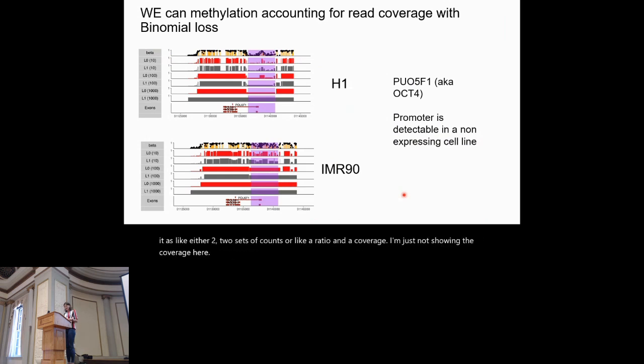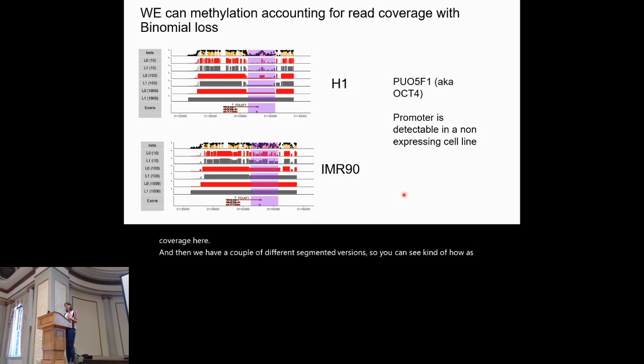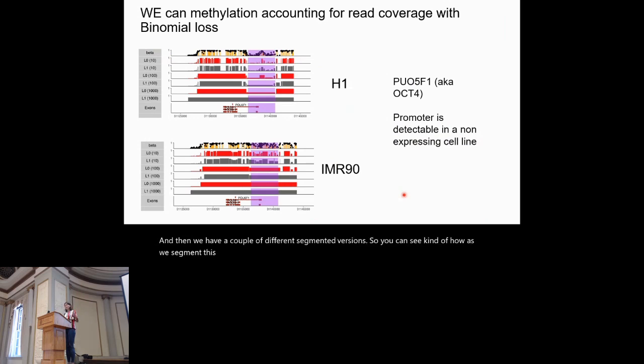And then we have a couple of different segmented versions. You can see how, as we compress it more and more and segment it into fewer and fewer segments, it evolves in terms of what it thinks the salient features of the data are. One thing is L0 is much better at doing this than L1.